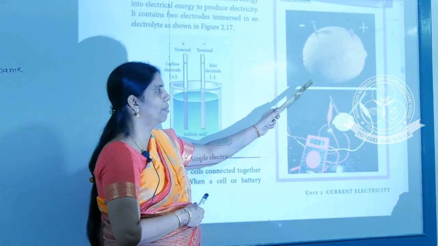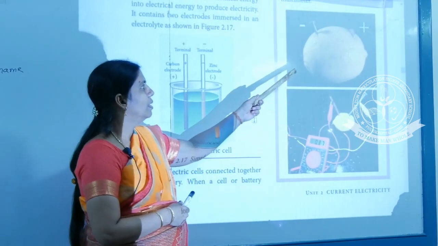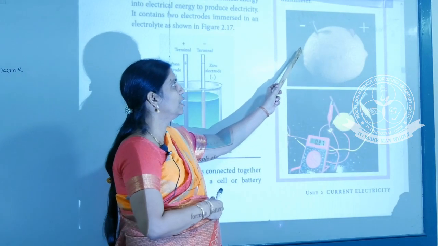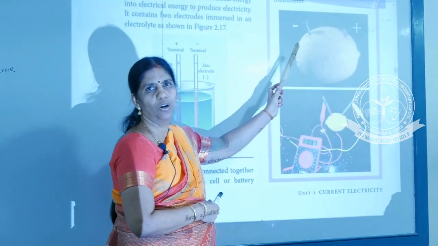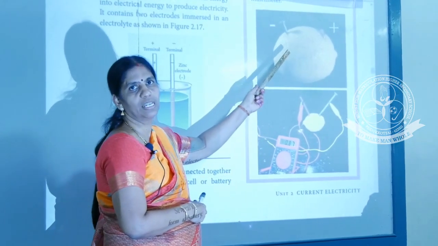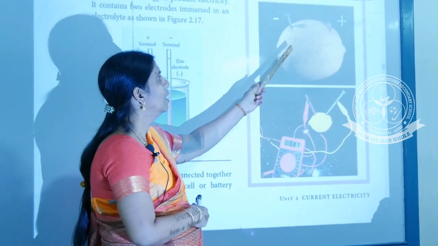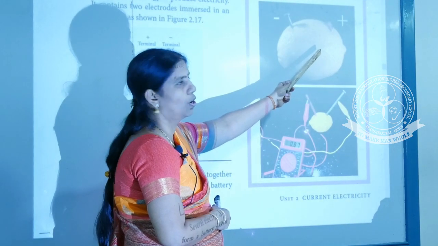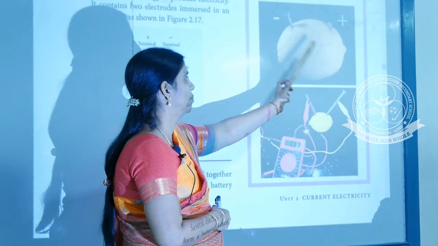You see there is a lemon. Take a lemon, a zinc rod, which is always kept as the negative electrode, and for the zinc rod you may take a nail, and another copper rod, it gives positive potential.